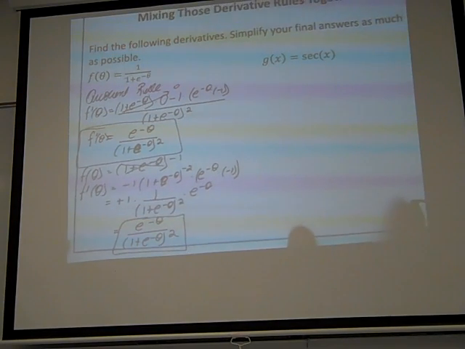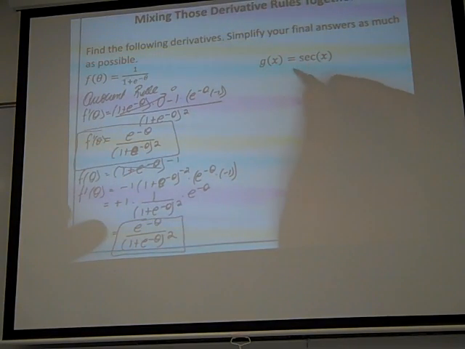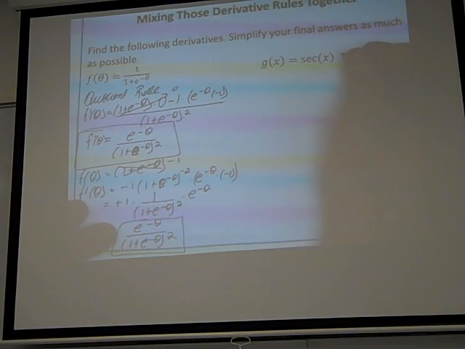All right, let's look at this one. G is equal to the secant of x. This is not one that many people in the room have memorized. But we do have some ways to get around this. I'll tell you, this one is actually a quotient rule. If you remember that secant is 1 over the cosine, there it is.